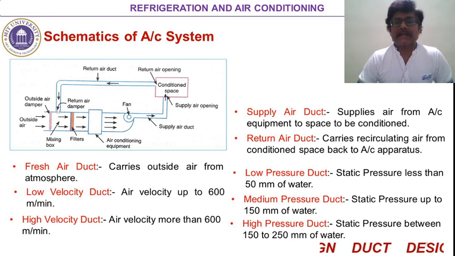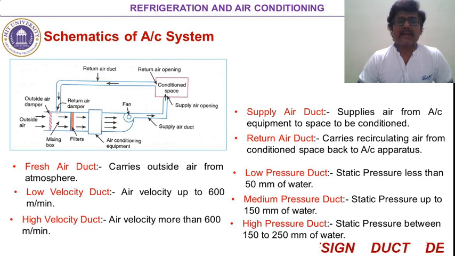Then the supply air duct, the duct that can be seen between the fan and the air conditioned space. The purpose of this supply air duct is to supply the air from the air conditioning equipment to the space, room or region that we need to condition.